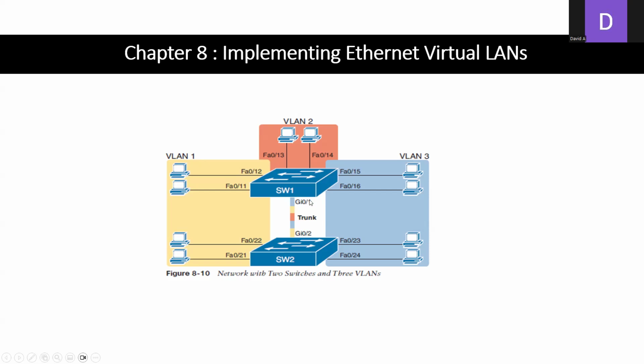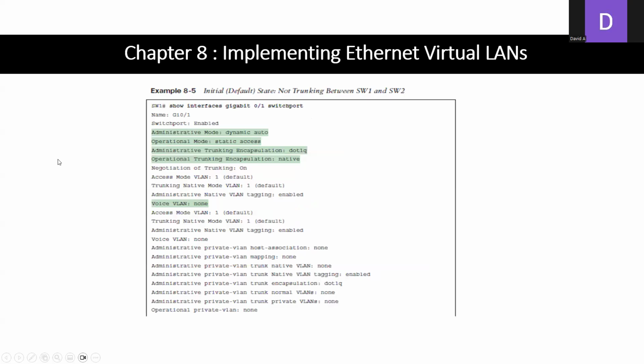So let's remember our interfaces. Our interface from switch one is gigabit 1/0, that's our trunk port, and from switch two, gigabit 0/2. Let's take a look at some configuration. We can take a look at example 8-5 and see where the administrative mode is configured.